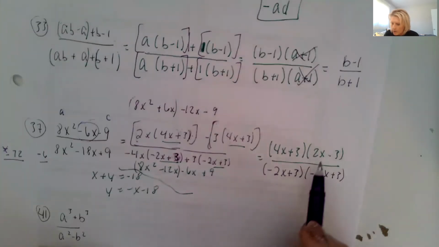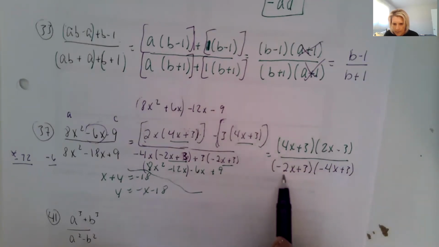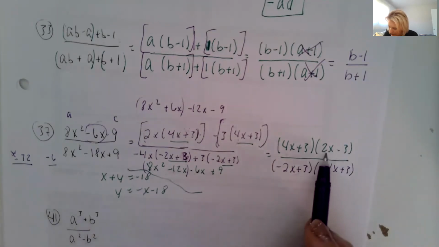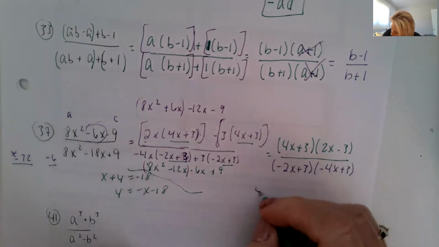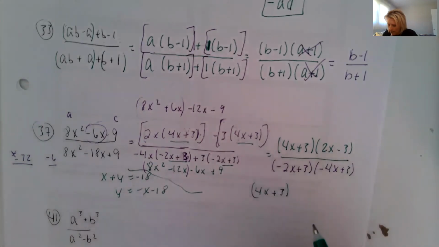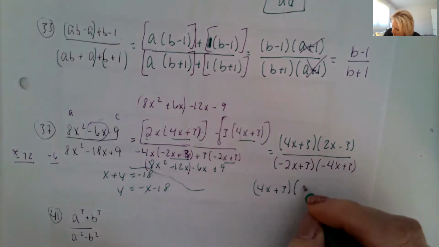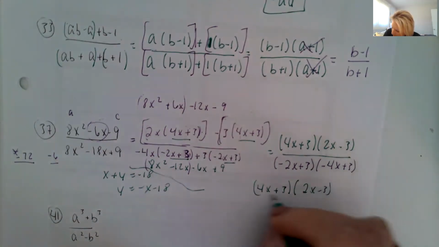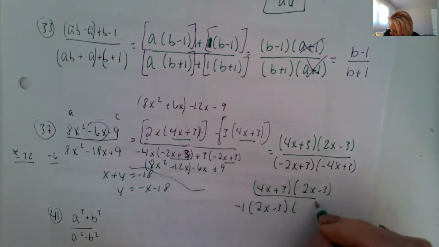But the 2x minus 3 and the minus 2x plus 3, we can factor out a negative 1 from the denominator here, and that will turn that into 2x minus 3. So we'll have 4x plus 3 on top times 2x minus 3 over a negative 1. And when we do that, we get a 2x minus 3. And then we still have this negative 4x plus 3.